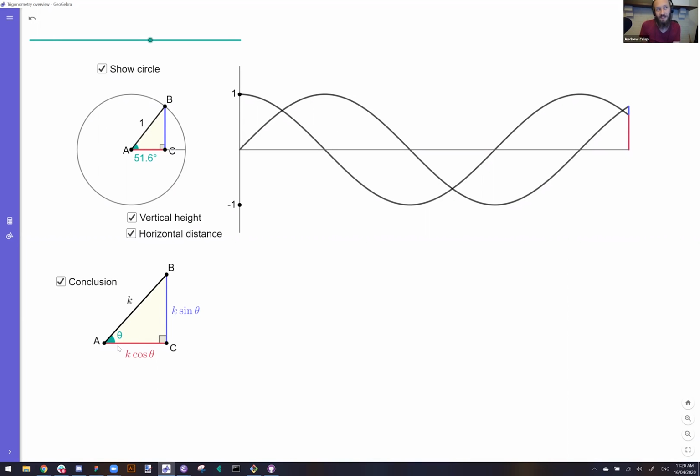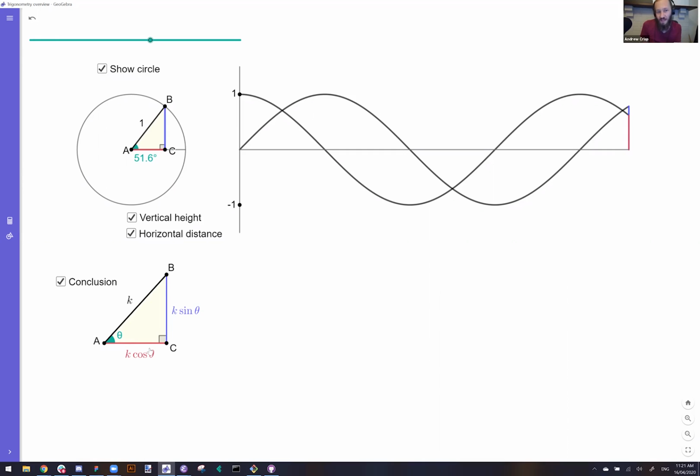This is theta, the angle, and what I've been calling the vertical height is called sine of theta. Whatever this angle is tells me what the vertical height is. The vertical height, which is sometimes called opposite the angle, because the angle is opposite this blue one, is sine theta.